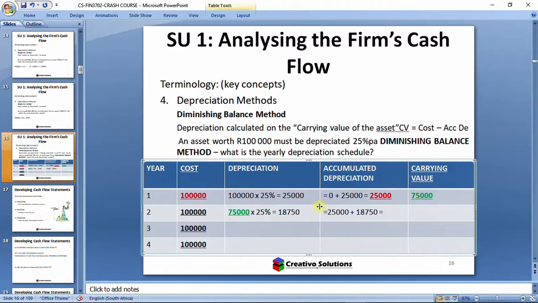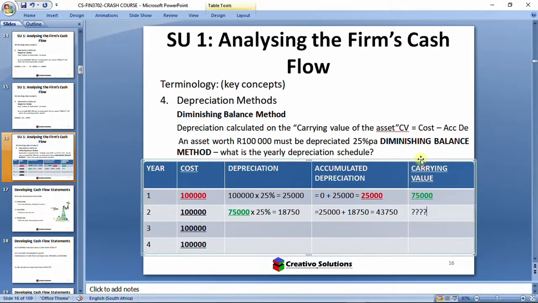Okay, gives you another answer. Let's see what we get. 43,750. Are you with me? Yes. Okay, carrying value here, what is it?